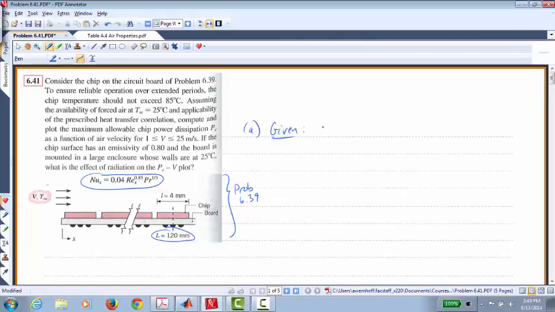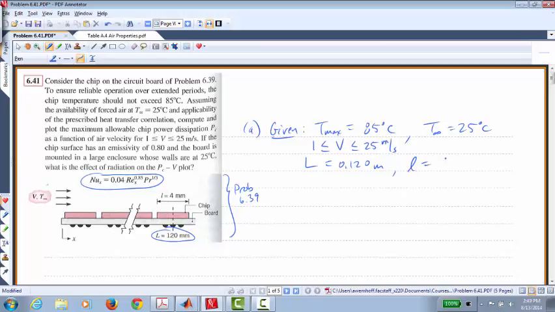In part A, we're given that the maximum temperature is 85 degrees C, and that the fluid temperature is 25 degrees C, and that the velocity is going to vary between 1 and 25 meters per second. We're also provided with a distance of 120 millimeters, or 0.120 meters, between the middle of the chip and the start of the circuit board.